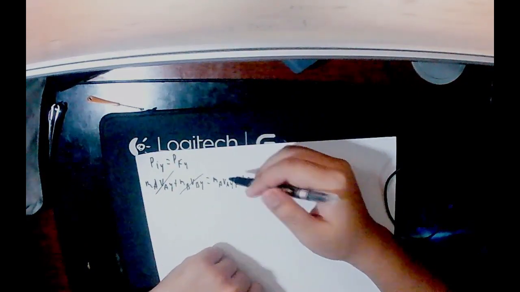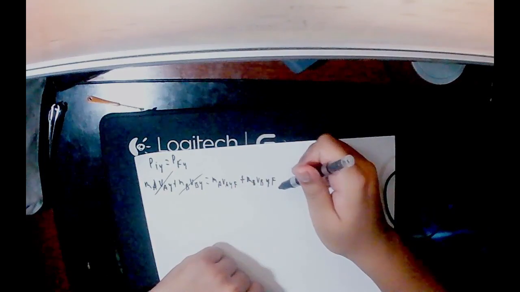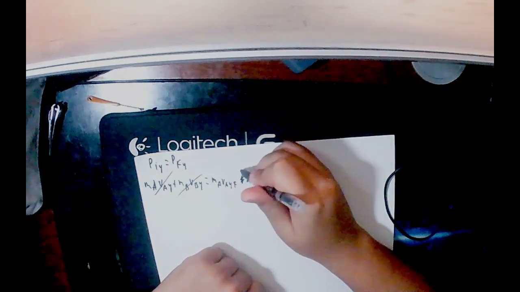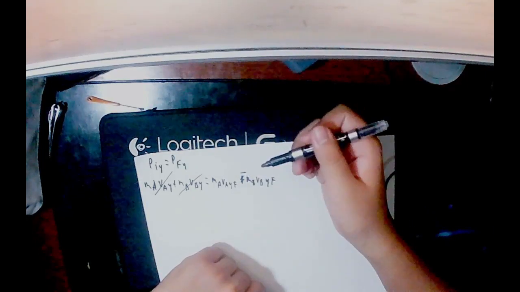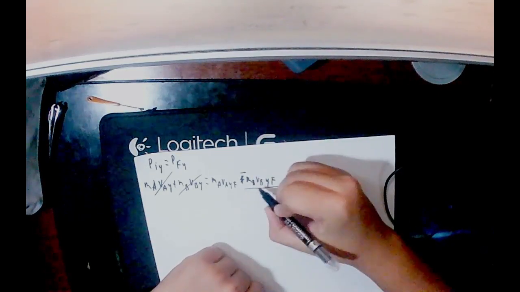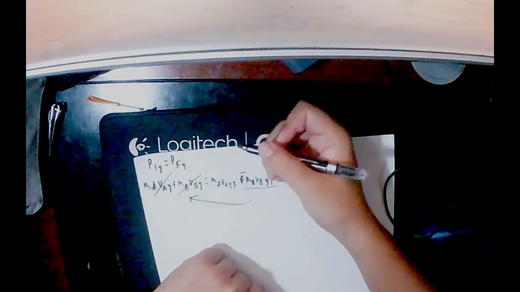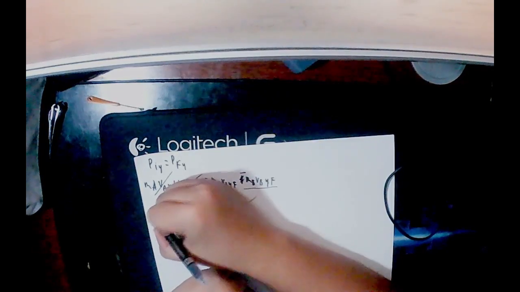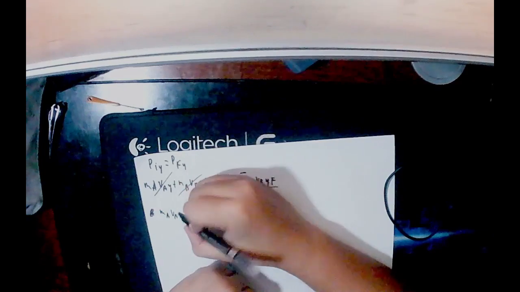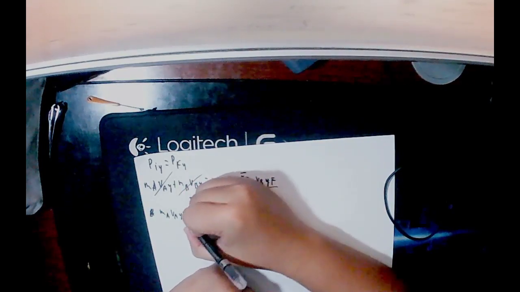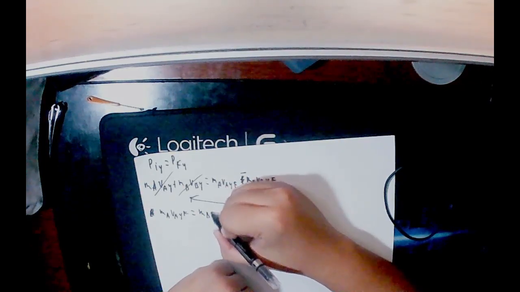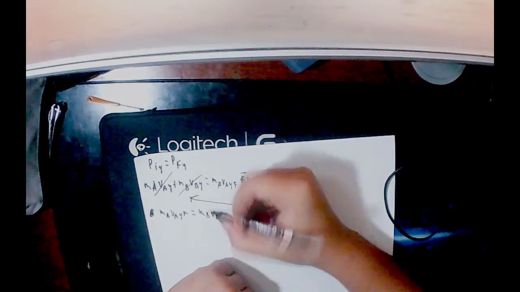So, ang matitira na lang ay itong dalawa. Negative pa siya. So, ayan. Ang gagawin natin ay ililipat natin itong equation sa kabila. Okay. So, magiging kalabasan niya is M sub A times V sub A y final is equals to M sub B times V sub B y final.